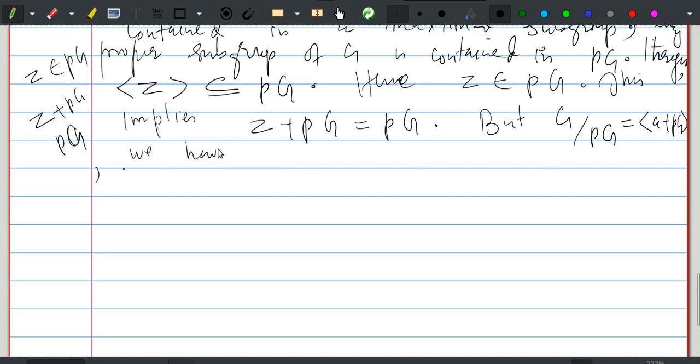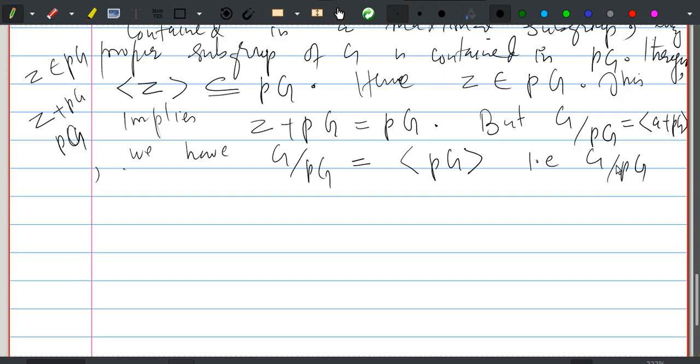So G mod PG is generated by the zero element of this group, that is PG, i.e. G mod PG is 0, because the zero element of this group is PG, which is a contradiction, because in the first place we have assumed that this is a non-zero cyclic group.